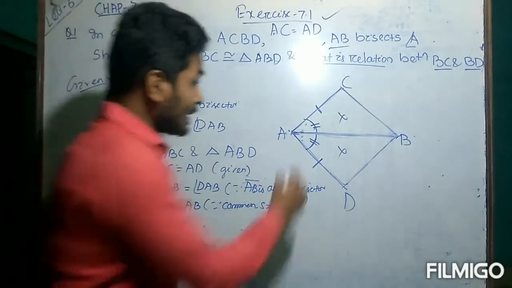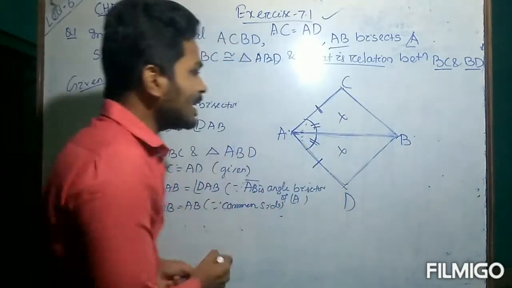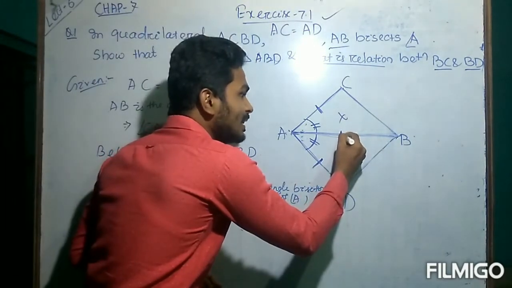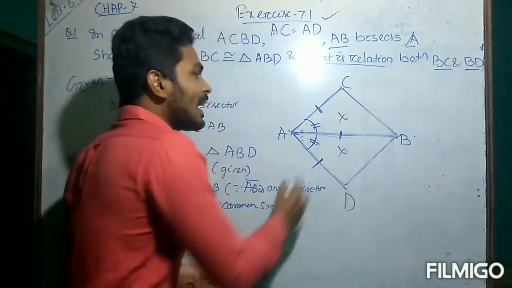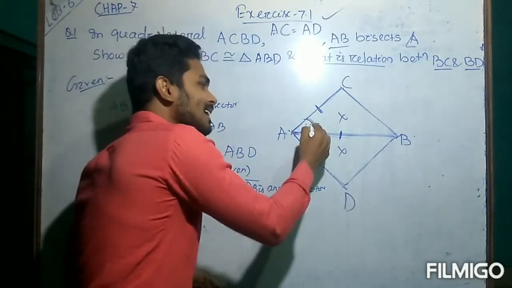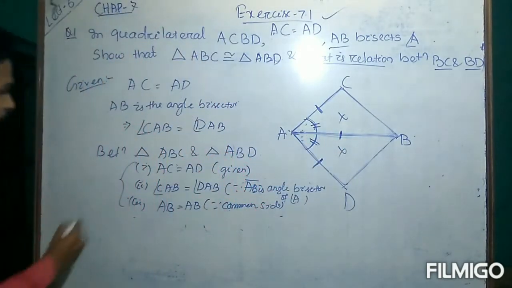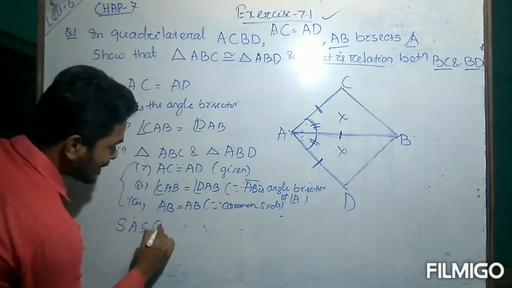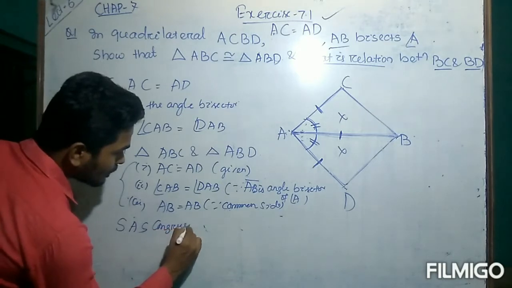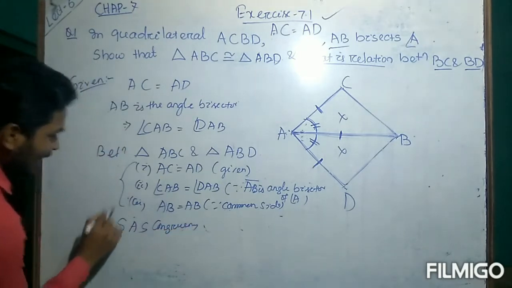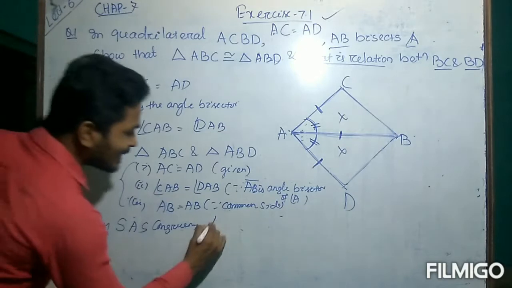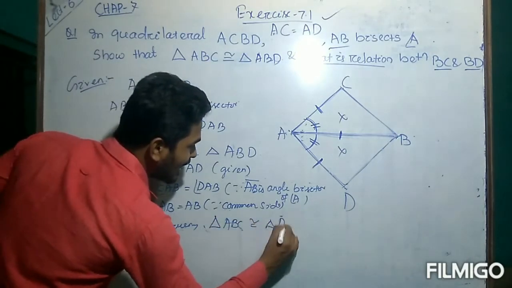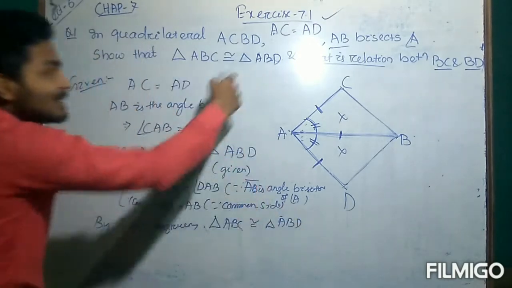In this triangle, this side is equal to this side, and this is the common side, and this is the included angle, and this angle is equal to this angle. So by SAS congruency, we can write that the triangle ABC is congruent to the triangle ABD, and now it is proved.